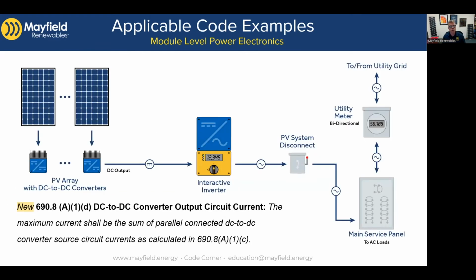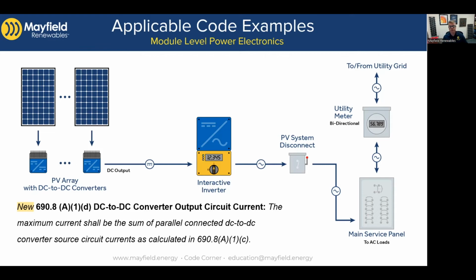Now moving over to the current side, and so the MLPEs, sticking with DC to DC converters, the output circuit current value is something that we have to be concerned about when we're sizing our circuits, figuring out overcurrent protection, and the size of our conductors. And so this section, 690.8(A)(1)(D), talks about the output circuit current for our DC to DC converters.